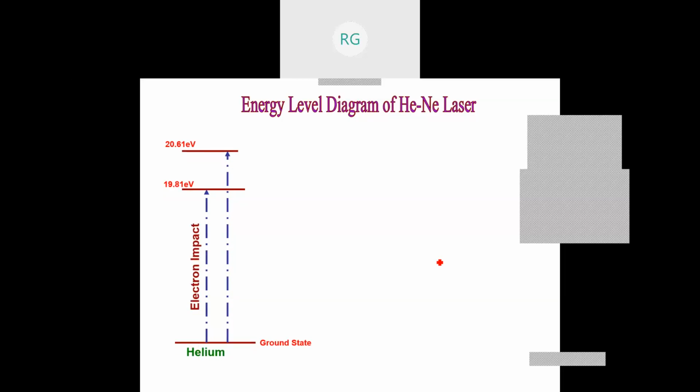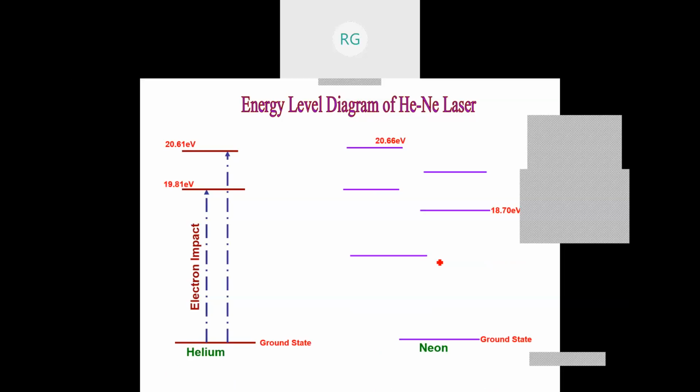As I am taking helium gas in a glass tube, I produce a very high voltage between the two electrodes. The electrodes discharge and helium atoms get ionized. This is called impact ionization, and it takes the helium atoms to an excited state.